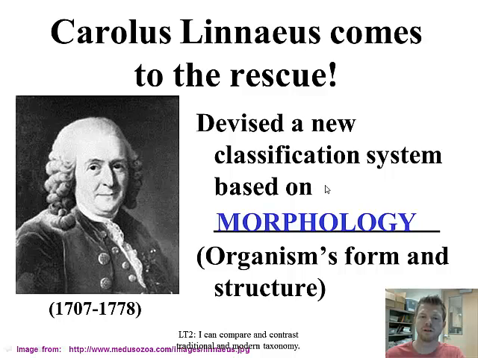So that's one thing that we'll refer back to is morphology, but he's really saying looks alike, then they're probably related. And in modern taxonomy, we're going to find out that that's not always the case.